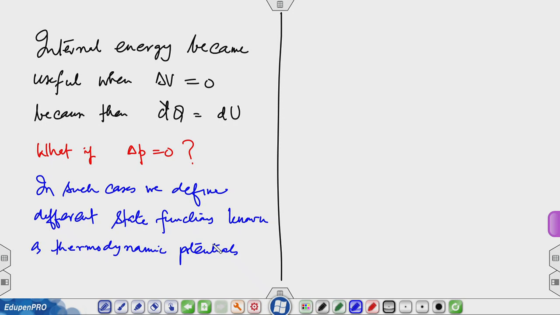So, the next quantity that I am going to consider in this regard is the enthalpy, and you have already come across this.